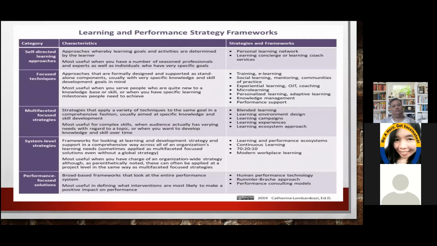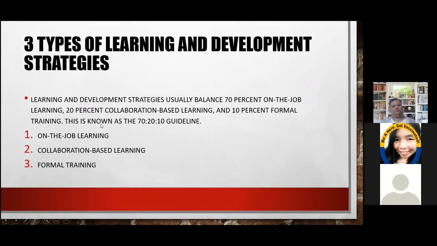In the category of multifaceted focus strategies, it is blended learning, learning environment design, learning campaigns, learning experiences, and the learning ecosystem approach.